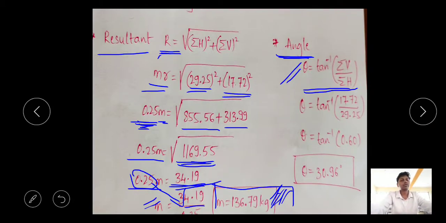Now tan inverse of delta V divided by delta H. How to take tan inverse, I have told you already. Just in your calculator press shift and tan, you will get tan inverse. So tan inverse of bracket, delta V is how much? 17.72. Delta H, that is horizontal force, is 29.25.